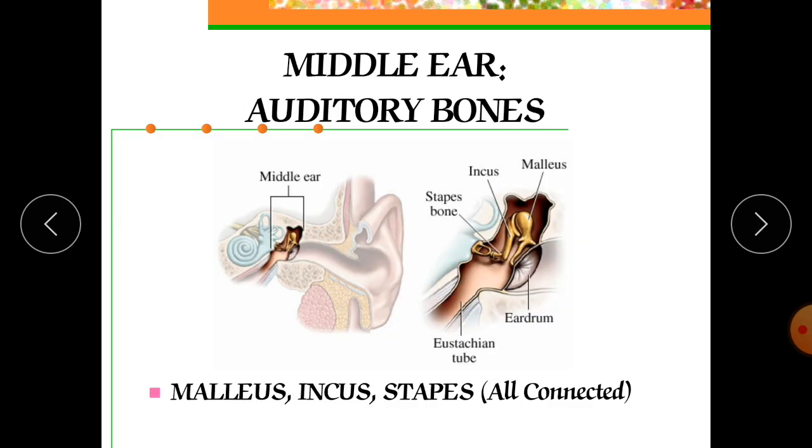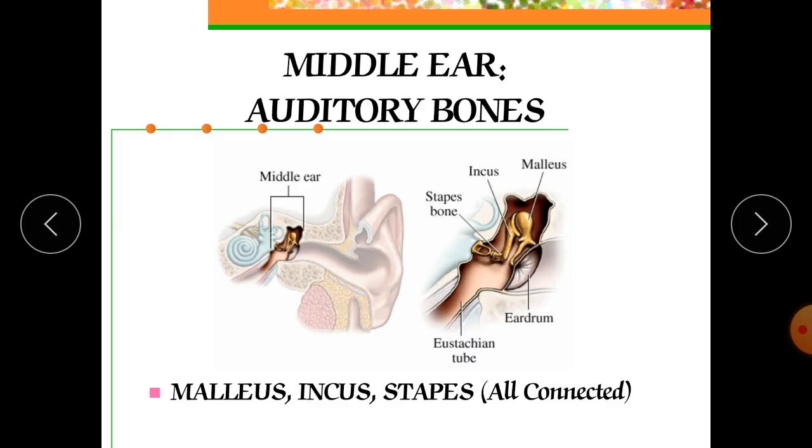Now the middle ear. The middle ear has several parts like the stapes, incus, malleus, eardrum and eustachian tube. These are collectively called the middle ear. It is a small air-filled cavity in the petrous portion of the temporal bone that is lined by epithelium.